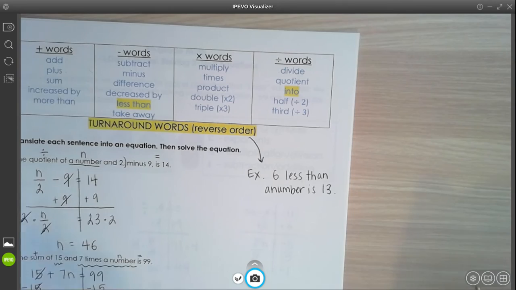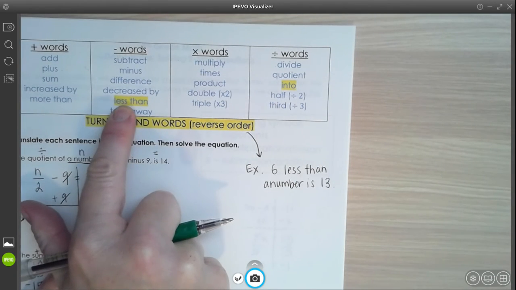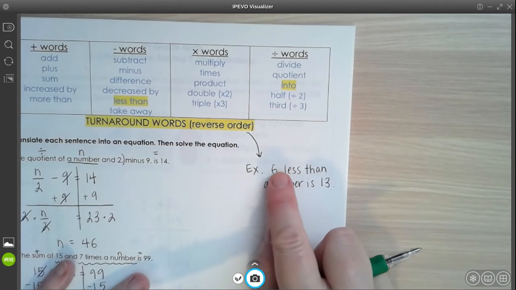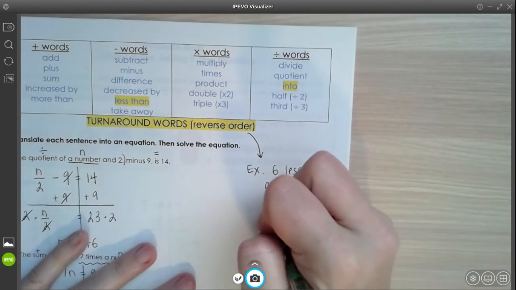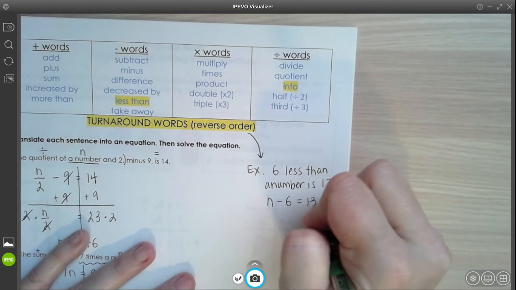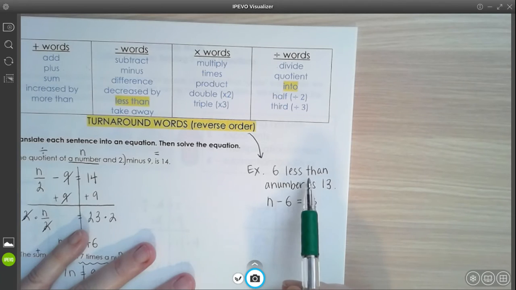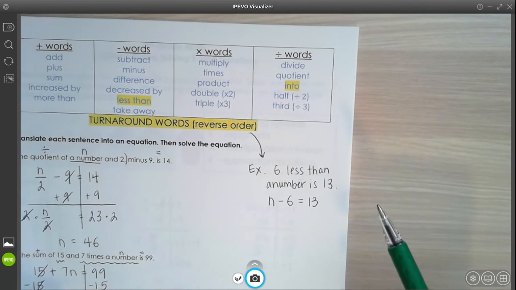Okay, so 6 less than means subtract, but this is one of those takeaway or turnaround words. So instead of 6 minus a number, we're going to flip that around and do the number minus 6 is means equals and then 13. So we got to be careful about those turnaround words. That just means reverse the order of what's in the problem.